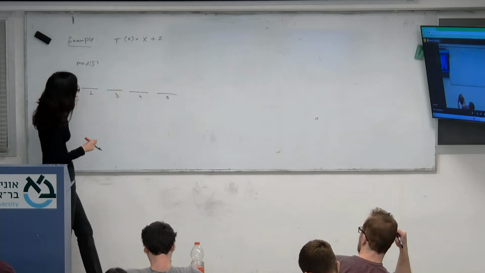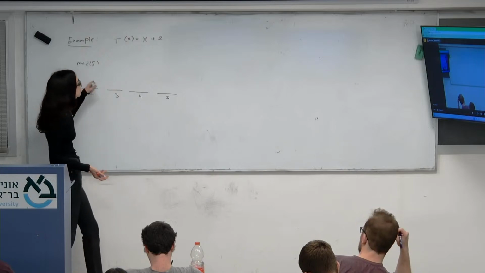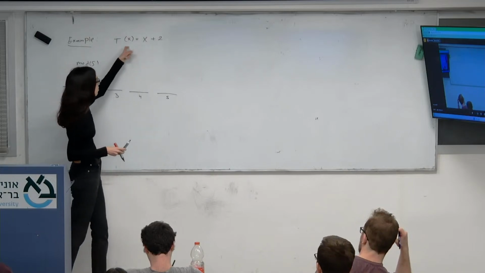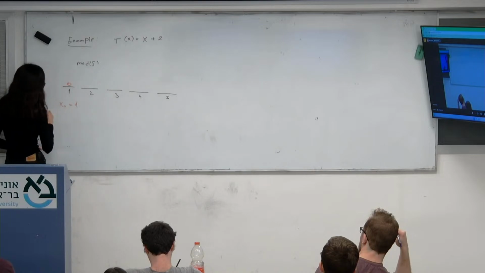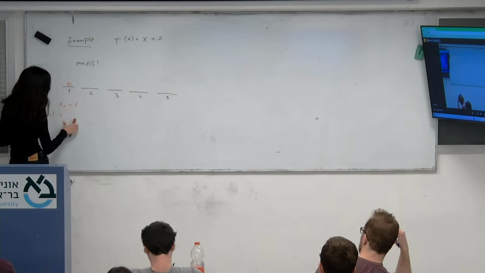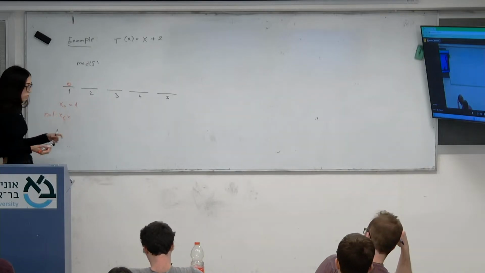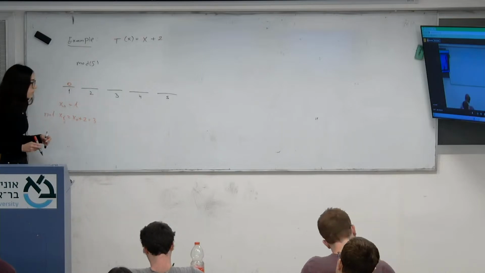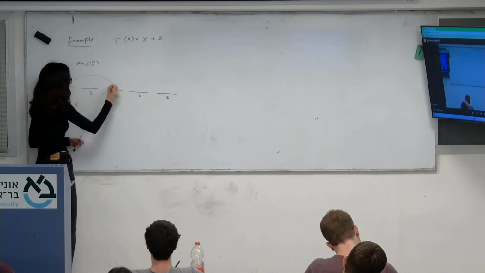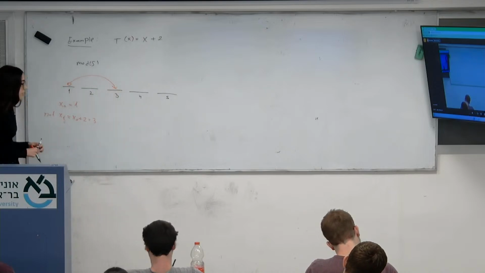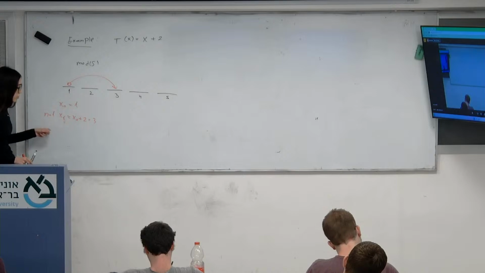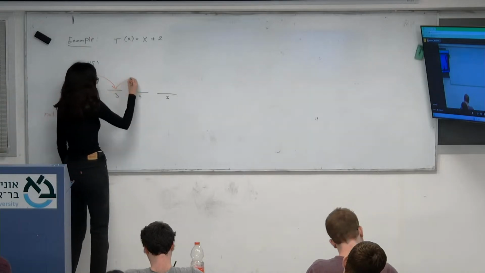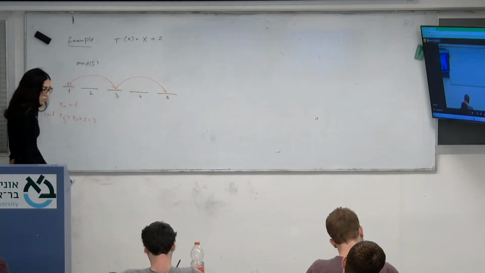And then we have discrete time. For n equal 1, x1 is going to be equal to x0 plus 2, so it's going to be equal to 3. So the particle jumps from here to here. And then at n equal 2, it's going to jump from here to here.